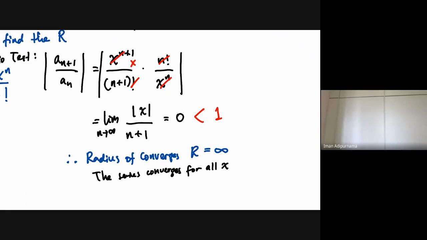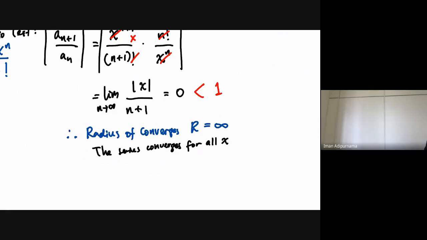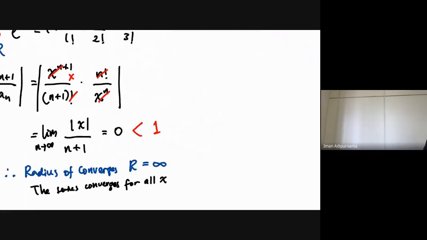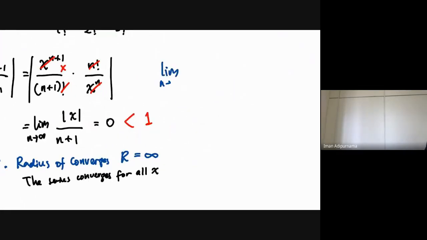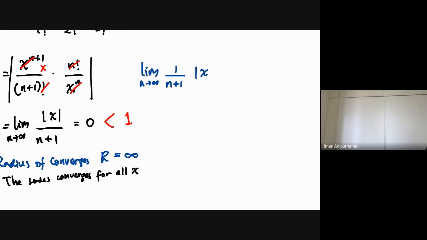Okay. So how can we make this clear in our mind? Look at this limit of n. If you want, you can write this in terms of the limit of n, and the other part is x.